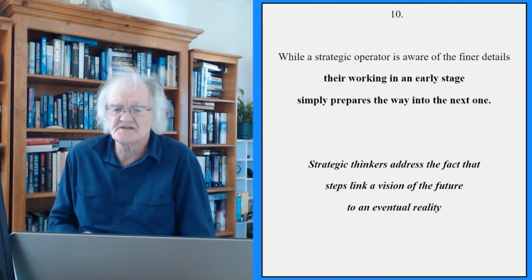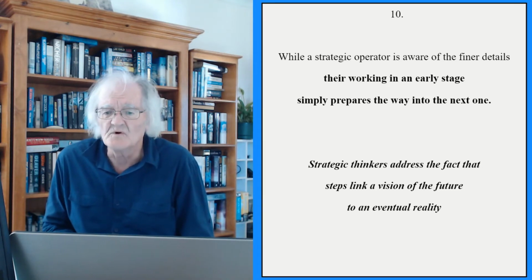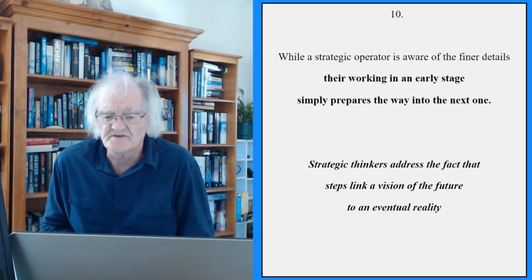While a strategic operator is aware of the finer details, their working in an early stage simply prepares the way into the next stage. Strategic thinkers address the fact that steps link a vision of the future to an eventual reality.